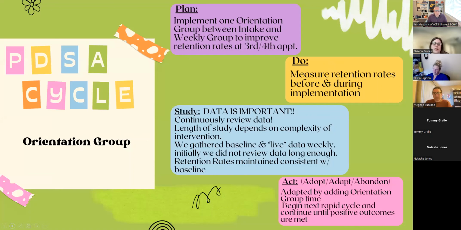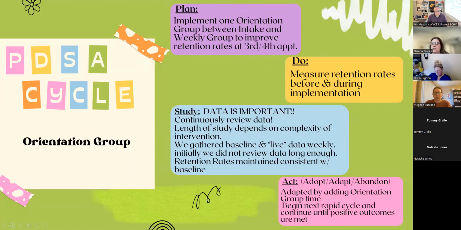So kind of looking at our example. Our plan for our goal, we wanted to improve patient retention. And we wanted to do that around 30 days, which would be around the third, fourth appointment.